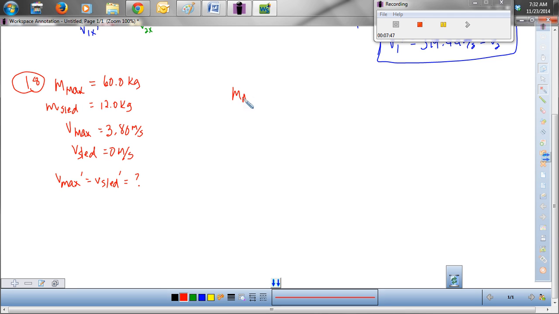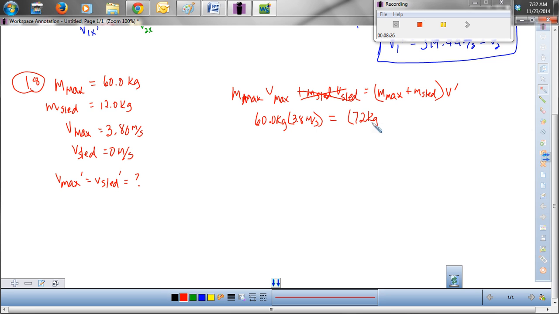So we have M Max, speed of Max, plus M sled, speed of sled, is equal to mass of Max plus mass of sled times V prime, whatever that is. So 60 times 3.8, that's all 0 because it's not moving, is equal to 72, because that's the sled and Max, V prime.